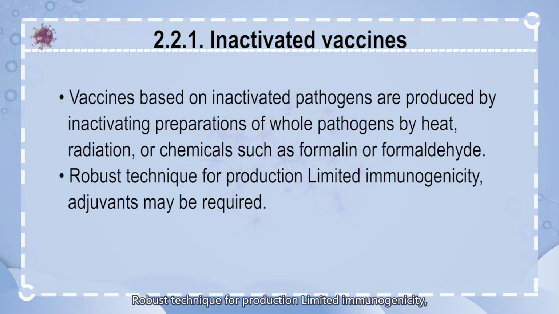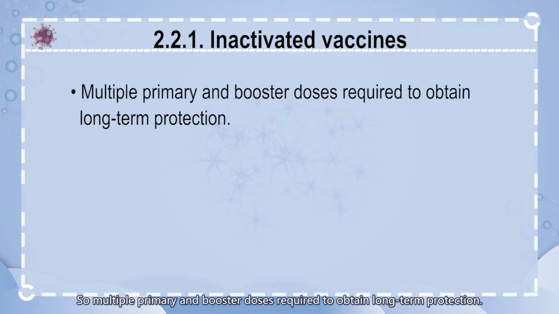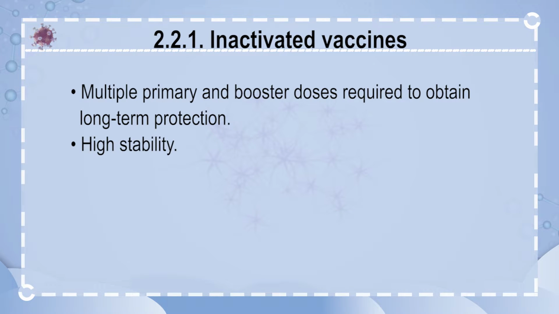It is a robust technique for production, but with limited immunogenicity, so adjuvants may be required. Multiple primary and booster doses are required to obtain long-term protection, and it has high stability.